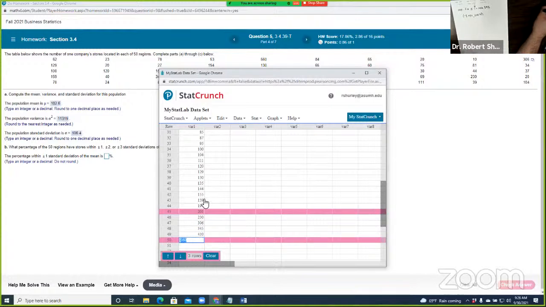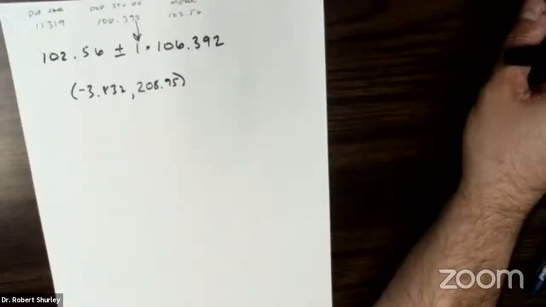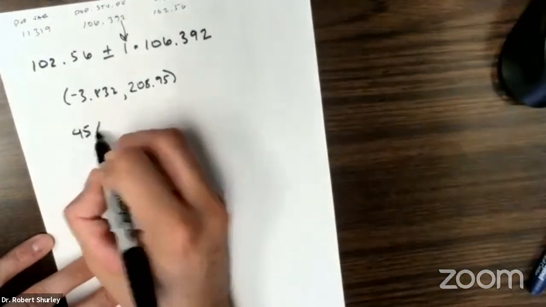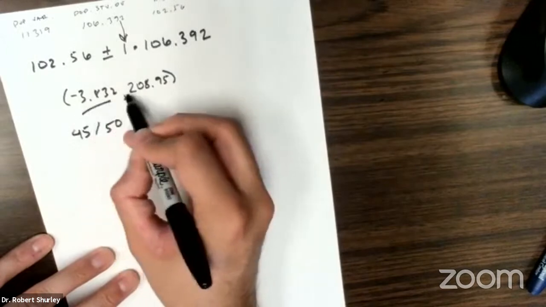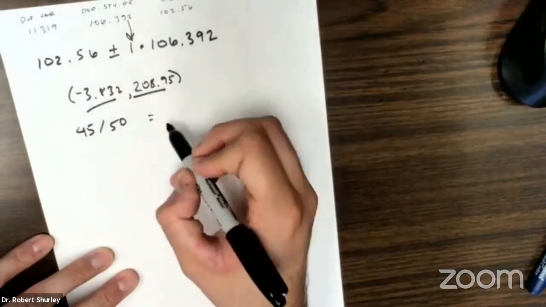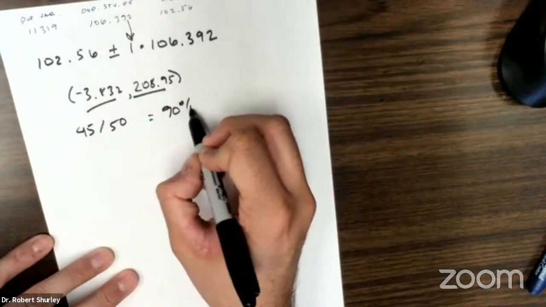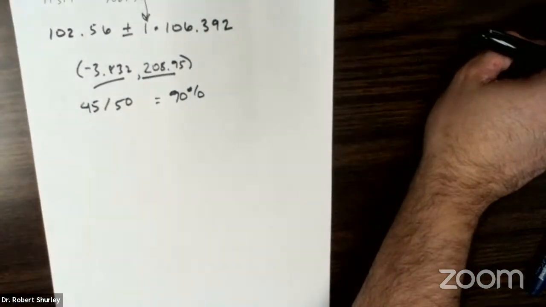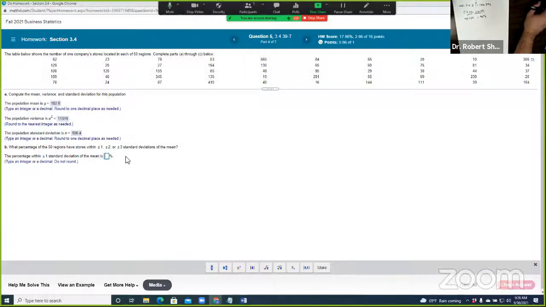So therefore, 45 out of 50 are within this interval. So 45 out of 50, that's going to be 90%. So if I go back to my screen here, and I put in 90%.